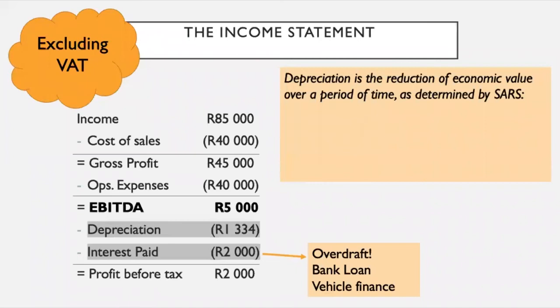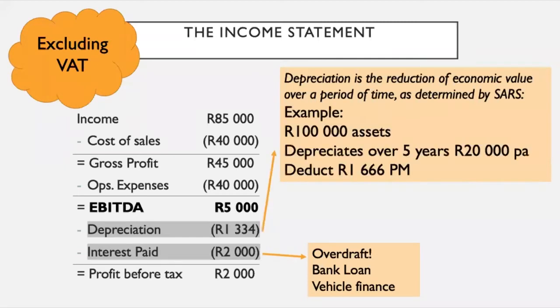Most assets depreciate over 5 years. Fixtures and fittings that are stuck in the business, like alarm systems, freezers, air conditioners, things like that, depreciate over 10 years. And if you own a horse, maybe you use a horse to draw the cart that you visit your clients with, horses depreciate over 4 years, just for interest's sake.